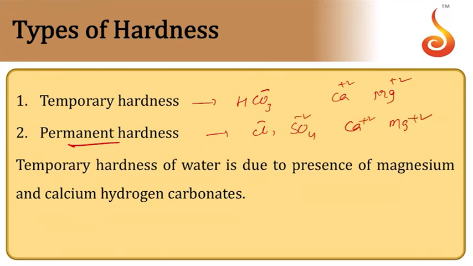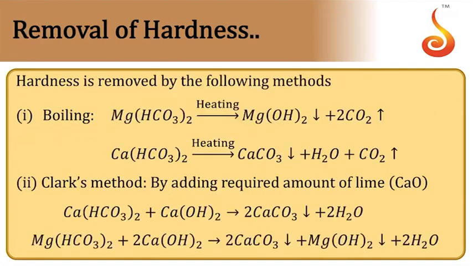So temporary hardness is because of bicarbonates of calcium and magnesium, and permanent hardness is because of chlorides and sulfates of calcium and magnesium. Temporary hardness is the presence of magnesium and calcium hydrogen carbonates, nothing but bicarbonates.